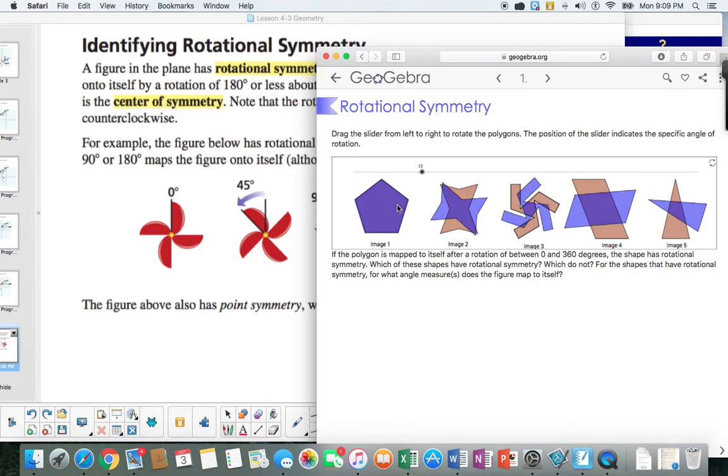It looks like at 72 degrees, the pentagon matches onto itself. Let's keep going. I'm getting to about 120 degrees, and you can see this matches onto itself.